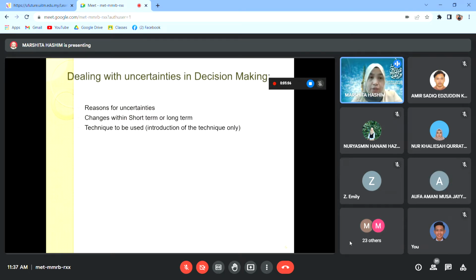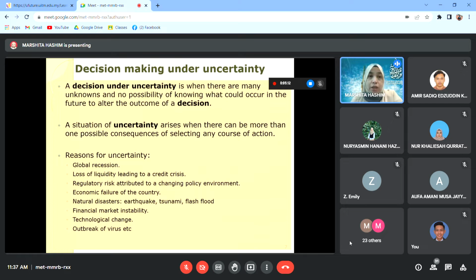Okay, now uncertainties in decision making. We look at reasons, changes within short and long term, techniques to be used. What is decision under uncertainty? A decision under uncertainty is when there are many unknowns, and no possibility of knowing what could occur in the future that can alter the outcomes of the decision.